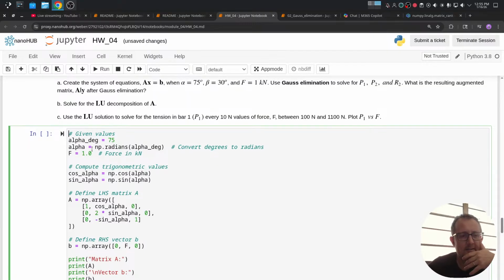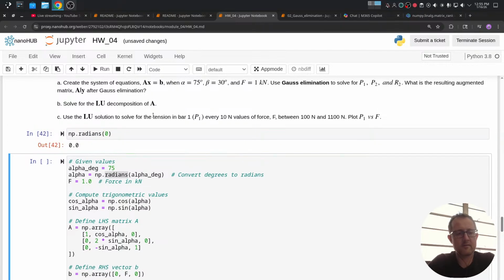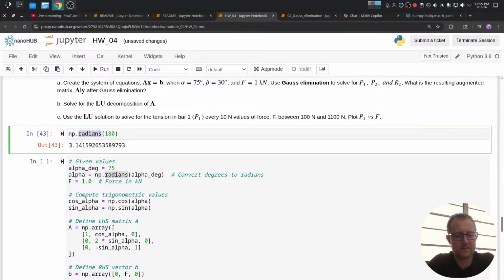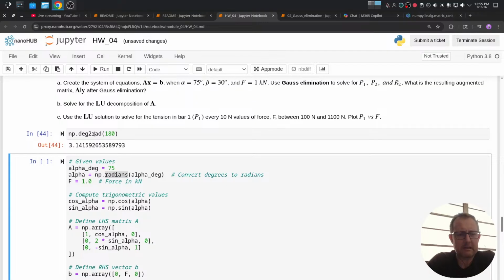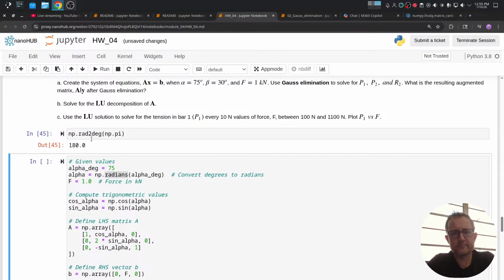That's funny. NP radians, convert degrees to radians. I haven't seen that one. Huh, okay. That works. Usually what I see is deg to rad, and I think it's the same thing. And the nice part about that is if you're trying to go back, you can say rad to deg. And at least for me, it's easy to keep track of what's what.